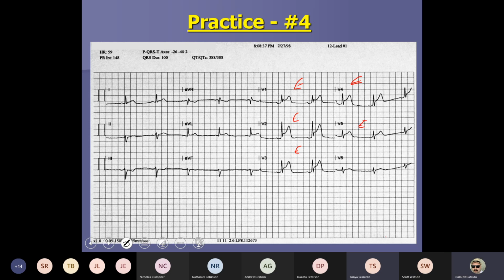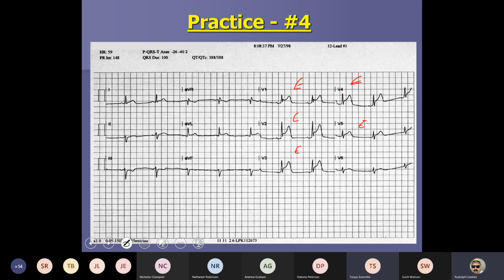Now, do you see depression anywhere? Maybe 2 and 3. Not a whole lot there to call though, right? No, not really. Okay, I can see it maybe starting in there, but there's not enough for me to call.